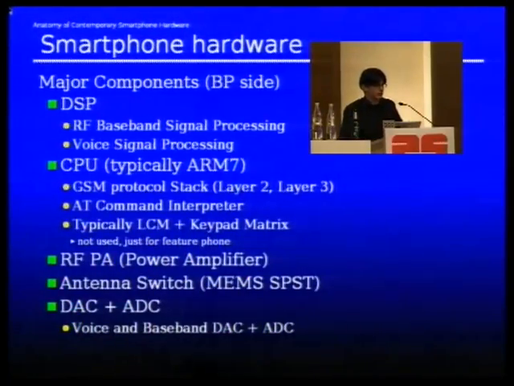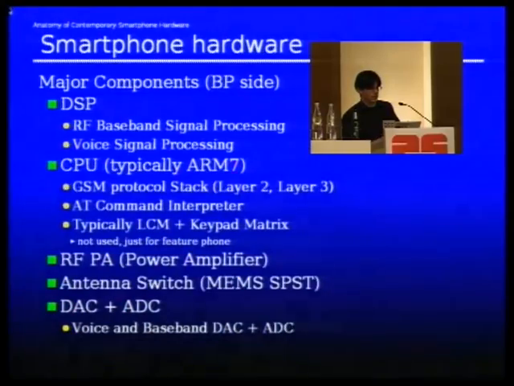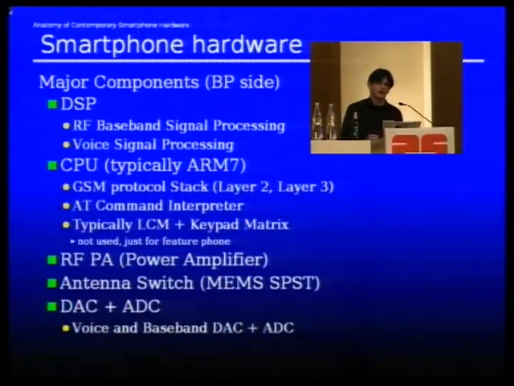But it also does the voice signal processing, so the actual speech encoding, decoding, echo cancellation, and so on and so on. You have a CPU that typically is ARM7 based. Now with the higher end 3G, 3.5G modems, it's ARM9. And that CPU only runs the GSM protocol stack and typically an AT command interpreter for an AT command modem interface.